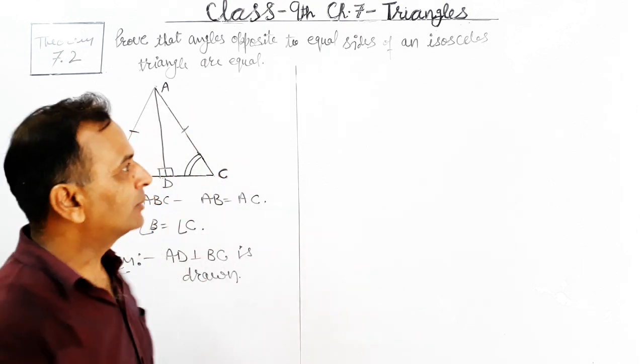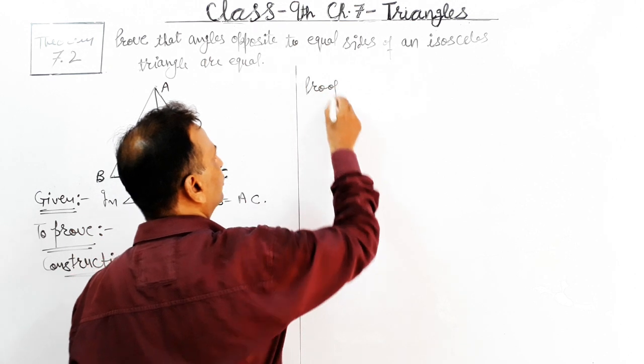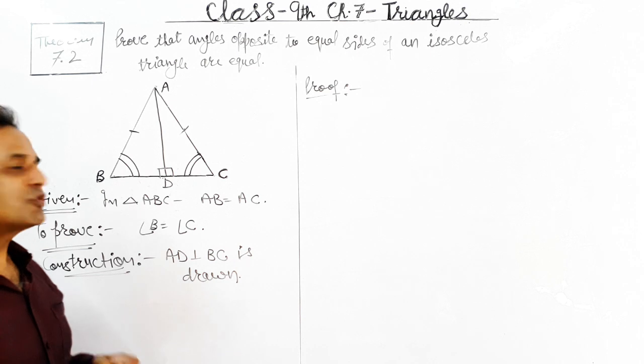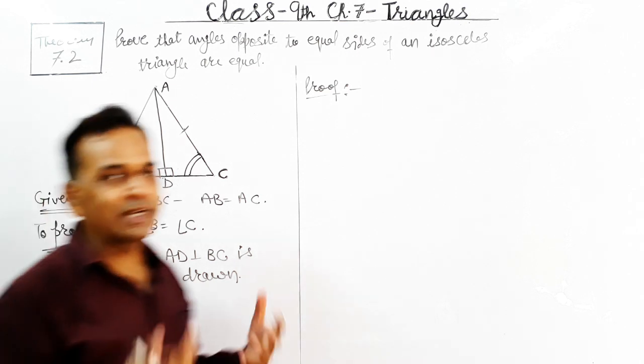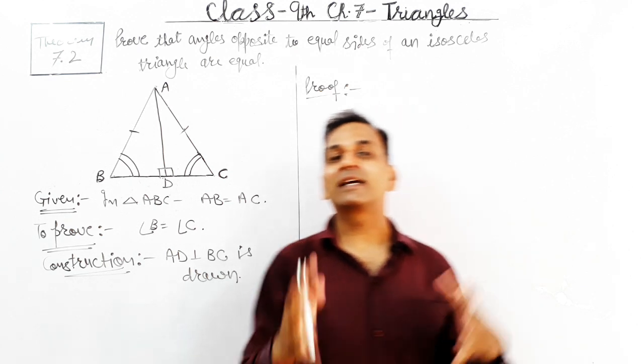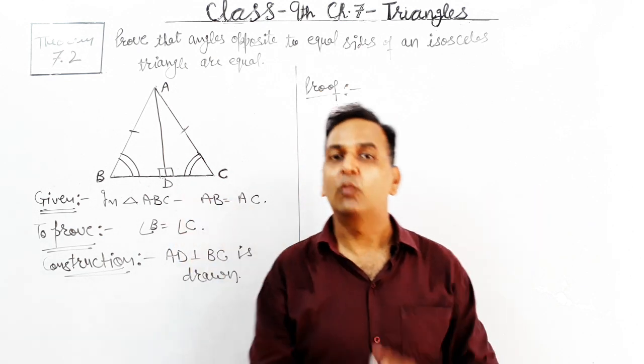Okay, and now come to the last step of this solution, that is Proof. We can see from the figure, because we want to prove that angle B and angle C are equal, and these angle B and angle C are the angles which are present in two different triangles. Which ones?